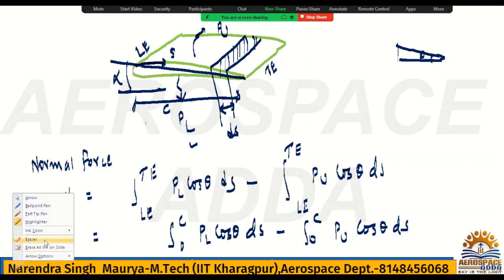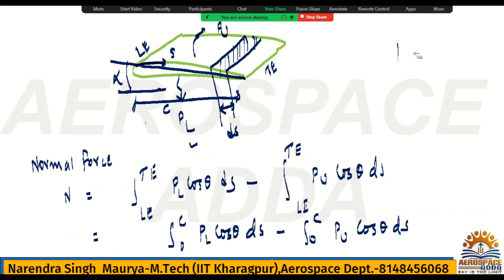I should draw it larger so you will get it clearly. The horizontal angle will be theta.